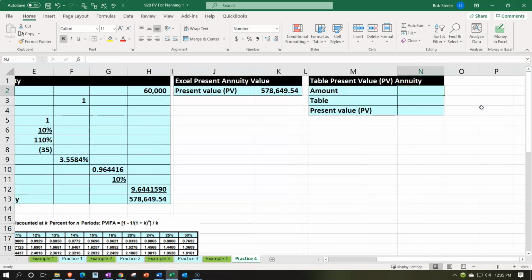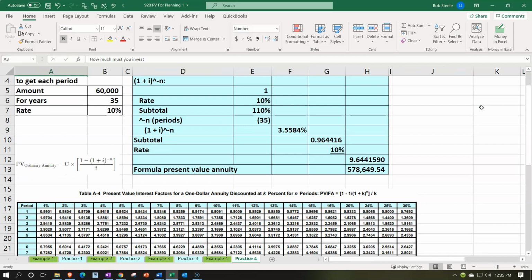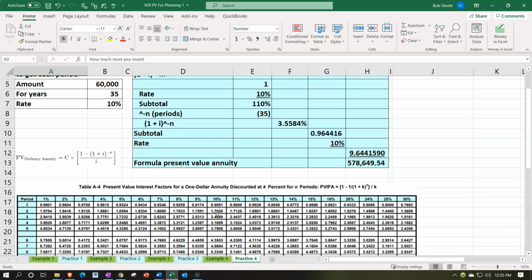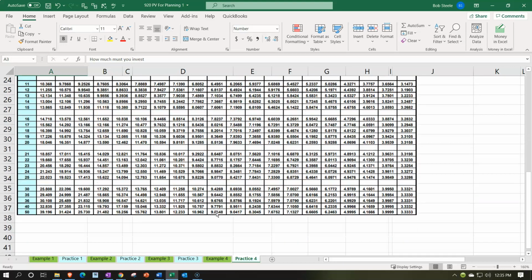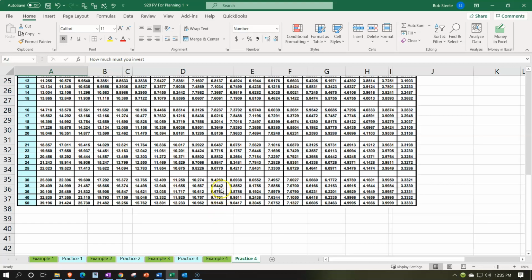Let's do it again with tables. We're going to have the 60,000. Pick up the amount on the table down below, which is going to be the 10% and 35 years, which is getting down towards the end of the table. But we still have that one. That's going to be, hopefully I got the right one here, 9.6442.